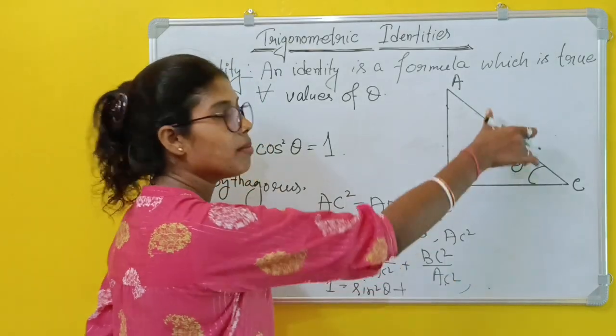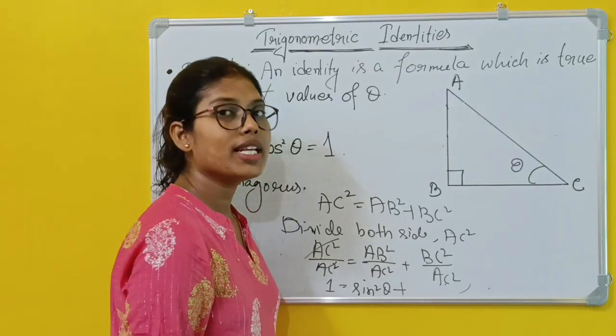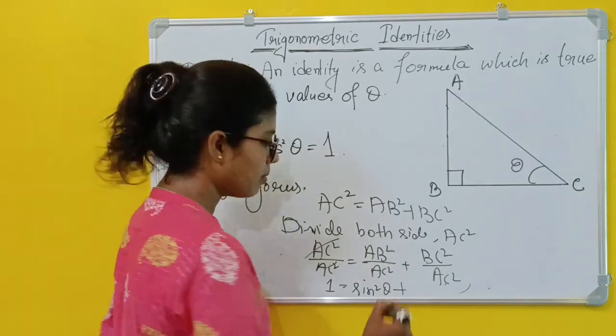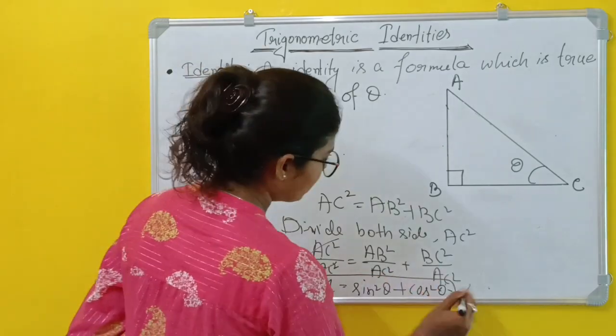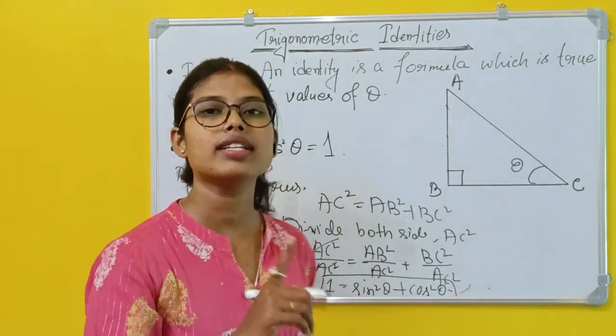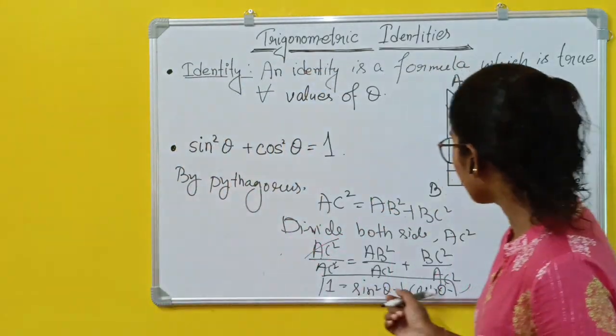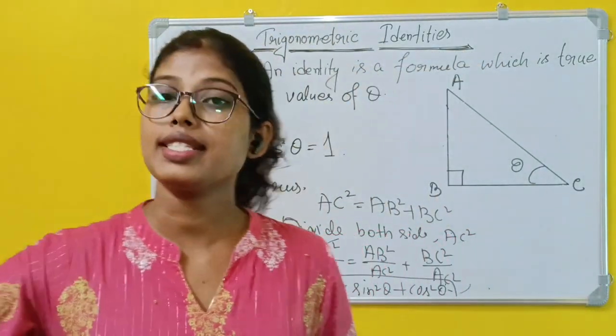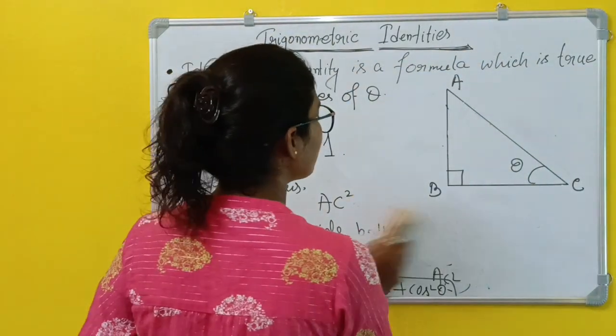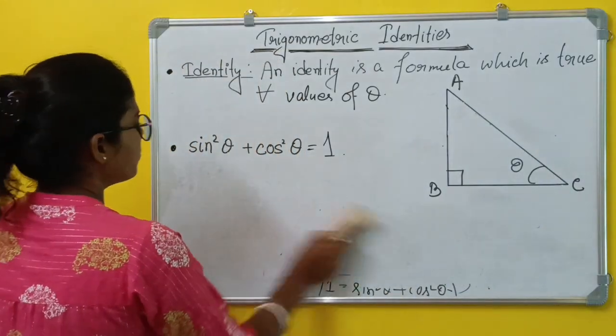BC by AC, base by hypotenuse, is cos square. So what is this? The first identity of trigonometry. Sine square theta plus cos square theta is equal to 1. Proved.